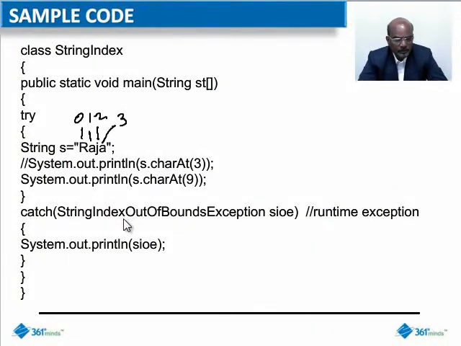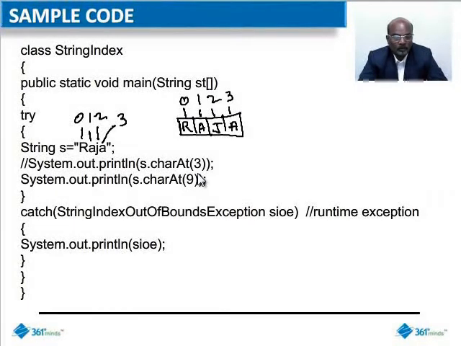As per the previous statement, the commented system.out.println, if we try to get the character s.charAt of 3 as given in the first example, what would have been the value printed? You would have got A as the answer, but that line has been commented just to show you how a string index out of bounds exception occurs.